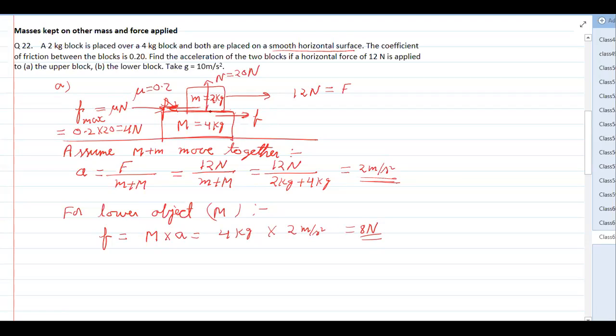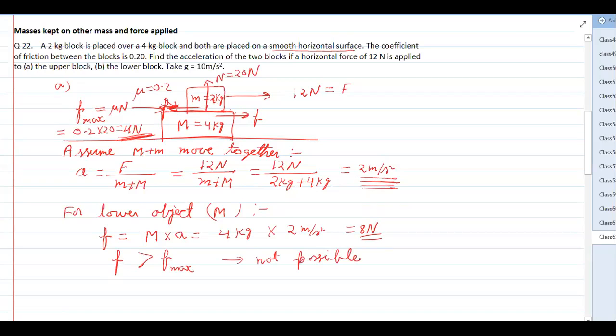So friction is 8 Newton for this acceleration, but what maximum friction can we have? The maximum friction which we can have is only 4 Newton. It means the objects will not be able to move together. The objects will slide.